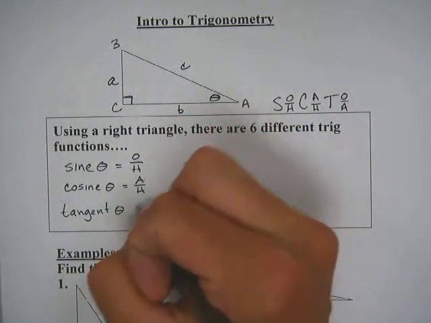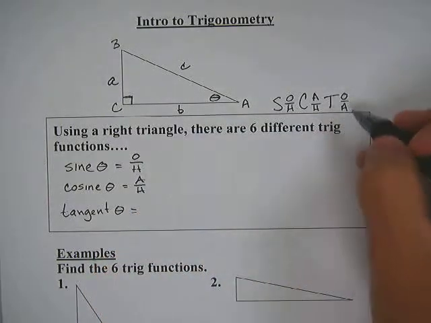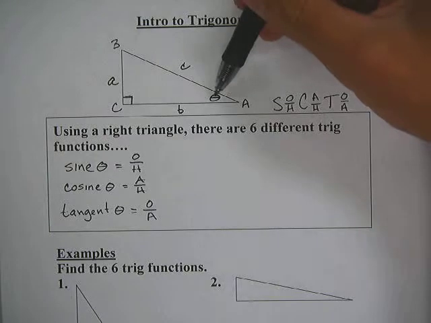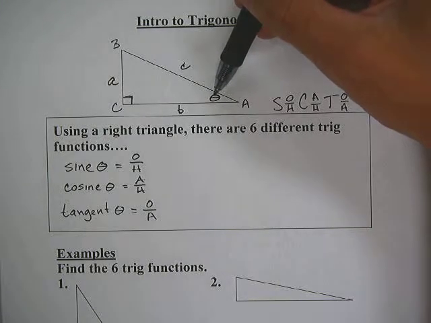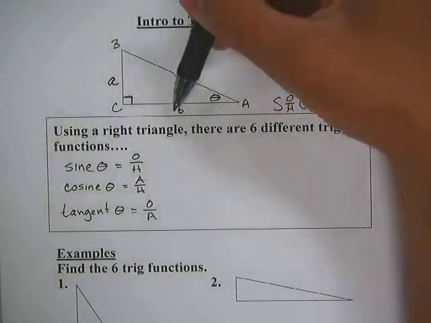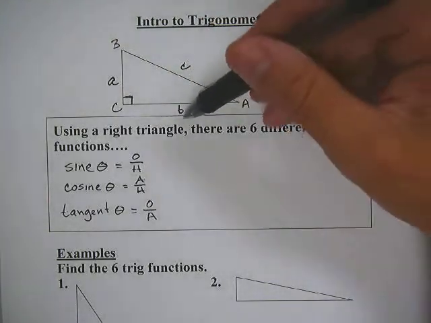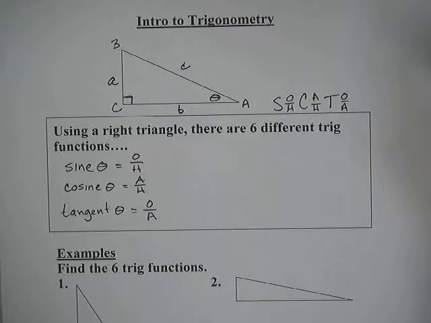Cosine is equal to adjacent over hypotenuse. And tangent is equal to opposite over adjacent. So if we're talking about this angle right here, the tangent of this angle would be a over b, opposite side over the adjacent side. Cosine would be b over c.